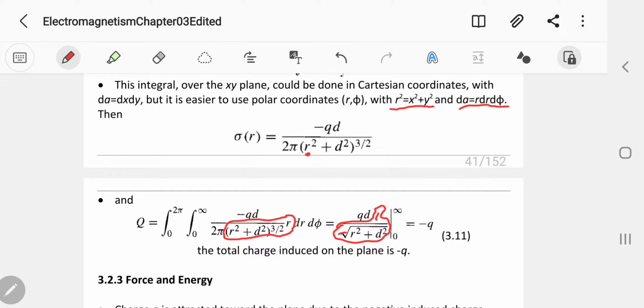So if you evaluate that from 0 to infinity in r, you will get negative q. Therefore, the total charge that is induced on the surface is equal to negative q.